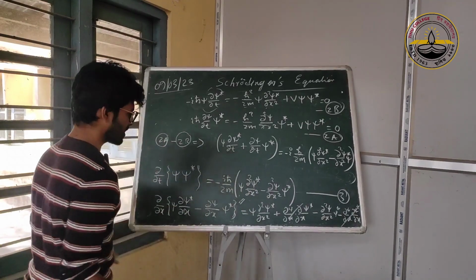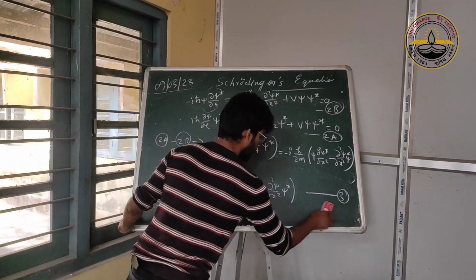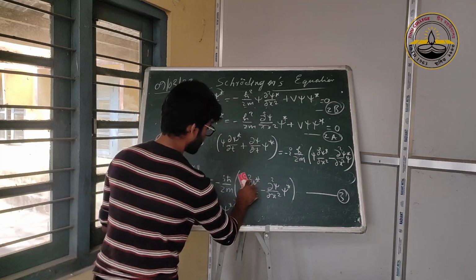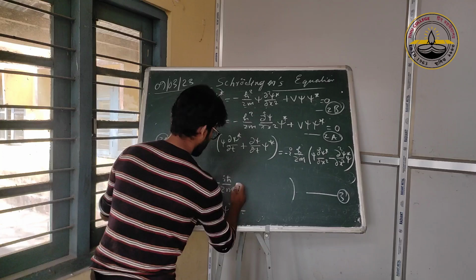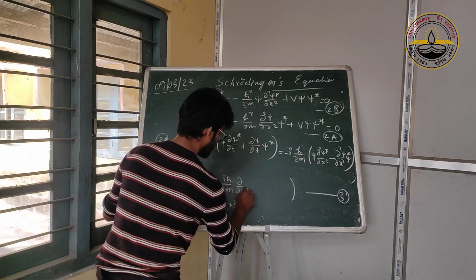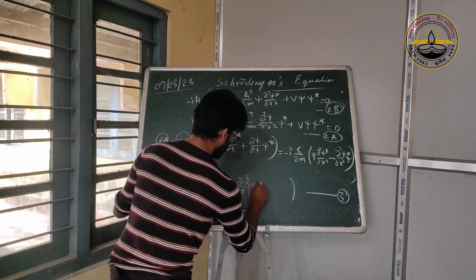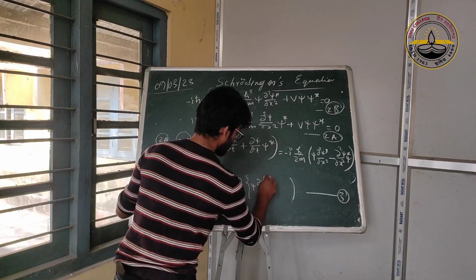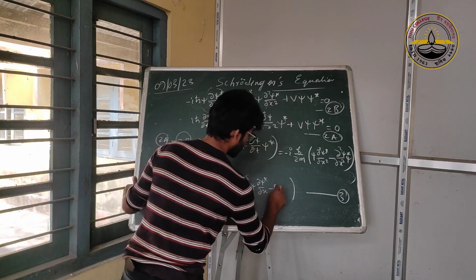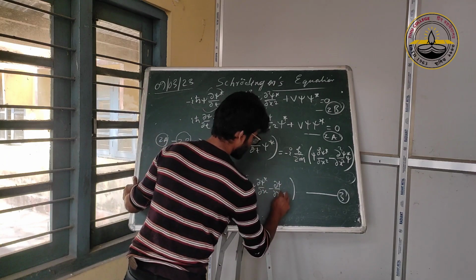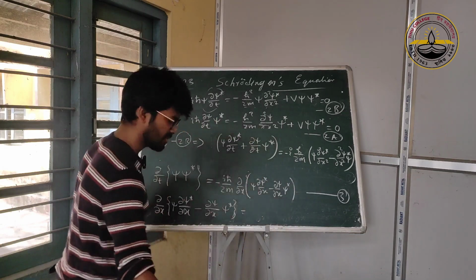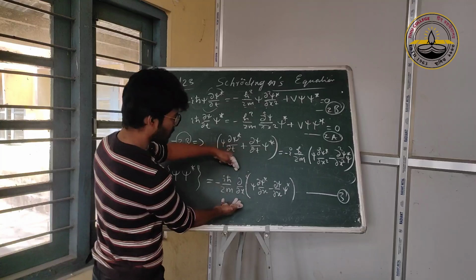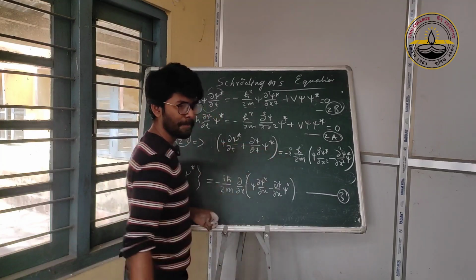So I can just substitute this here as my ∂/∂x of ψ ∂ψ*/∂x minus ∂ψ/∂x ψ*. Now what is this? A total differentiation of something.